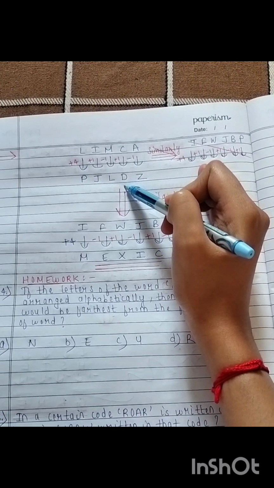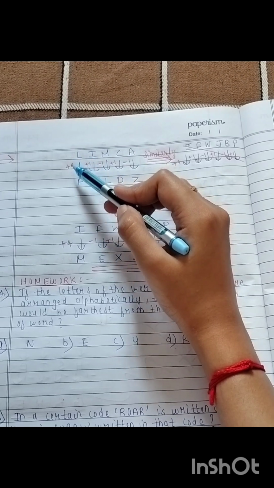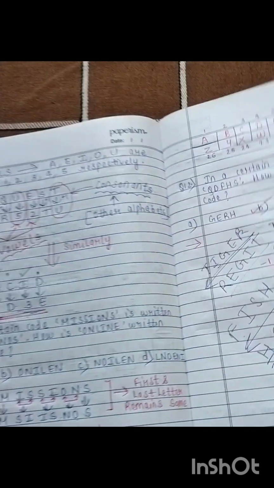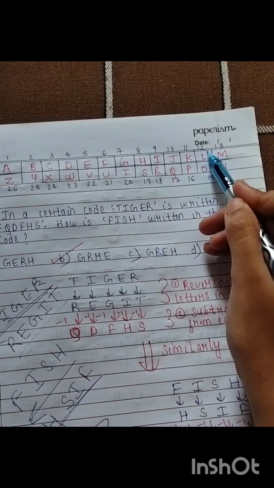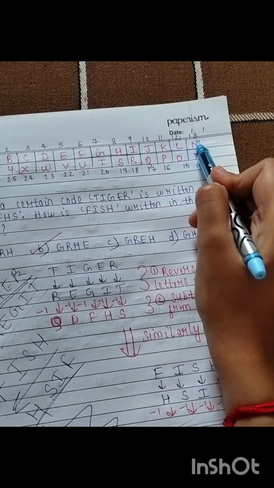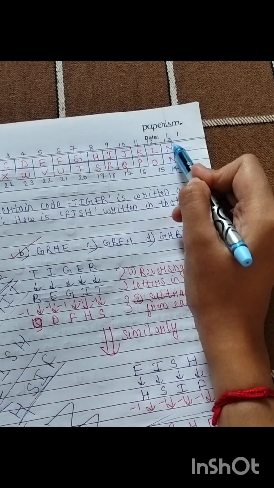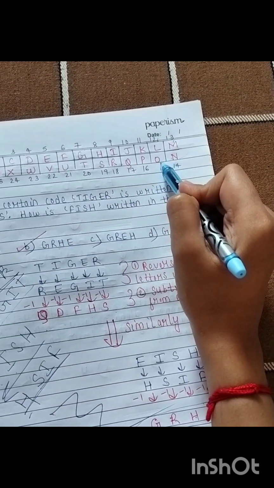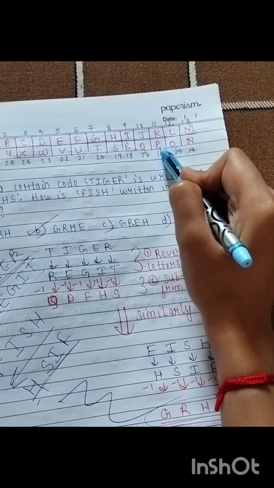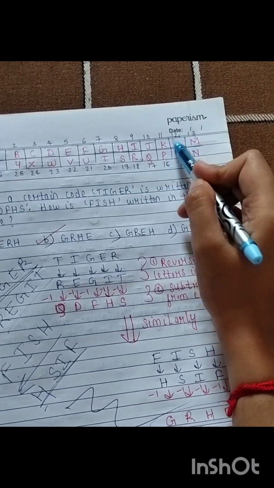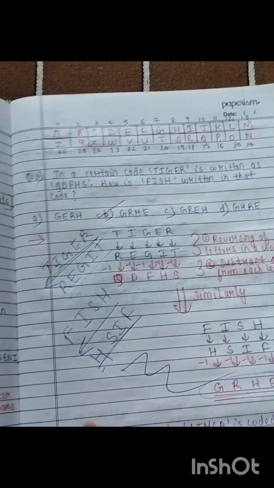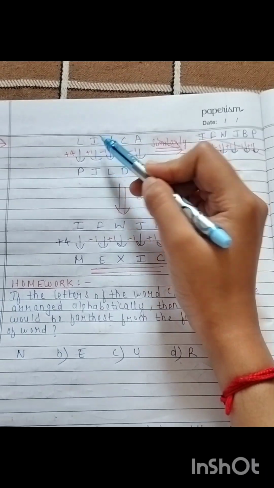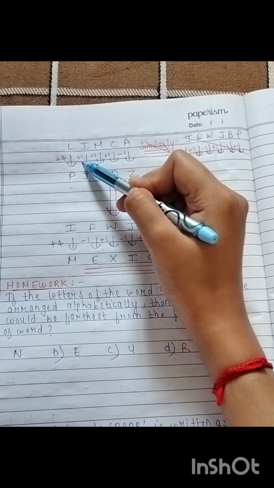So what is done is after L, plus 4 is added, which will go to P. So plus 1 comes to M, plus 2 comes to N, plus 3 comes to O, plus 4 comes to P. So L plus 4 will give you P. Next, what they have done is I comes to J. So plus 1 is done.